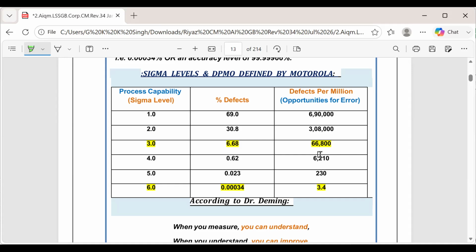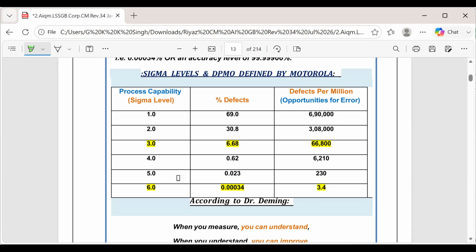The purpose is to magnify the defects, and 6.68 may look small as a defect percentage, but when you say 66,800 defects in 1 million transactions, that gets highlighted.